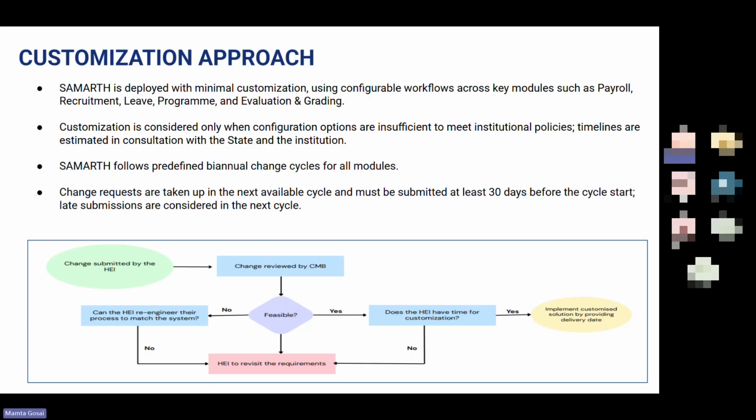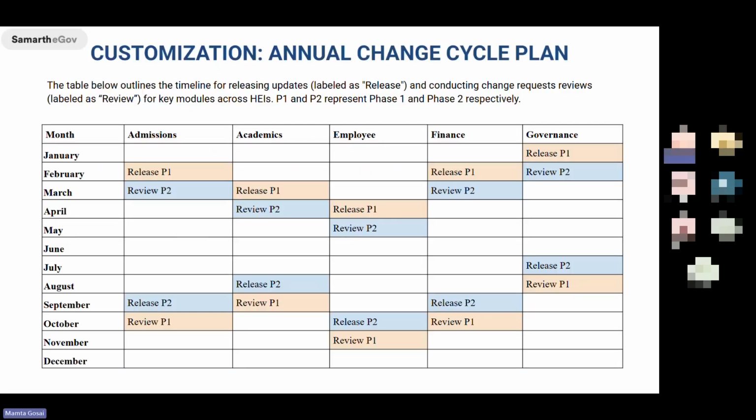In case we have enough time, let's say if you plan to go live for a particular module after 6 months for admissions, then we have time for implementing those changes. We'll cater to it according to our biannual change cycle that I'll show you in the next slide. This is the change cycle that we follow.